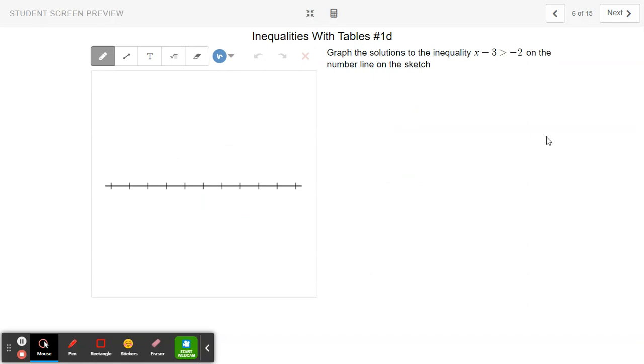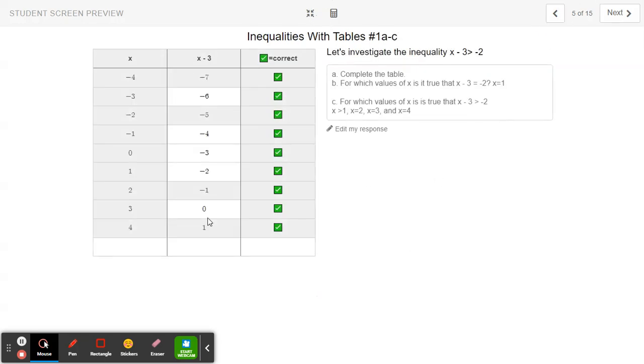All right. So now they're saying let's graph the solutions. In order to graph the solutions, we'll just make this here. So this is 0, negative 1, negative 2, negative 3, negative 4. And let's remember, in order for x minus 3 to be greater than negative 2, we know x had to be bigger than 1. So 2, 3, 4, or anything in between.